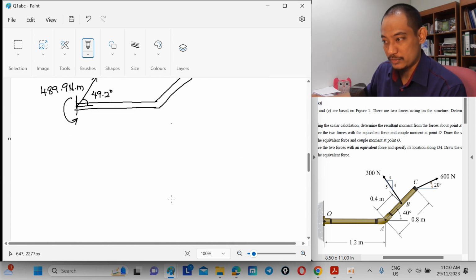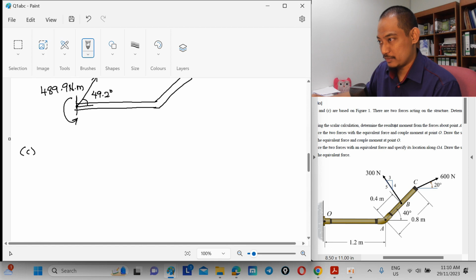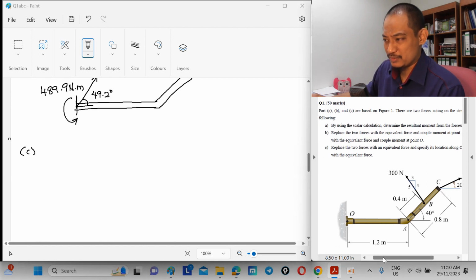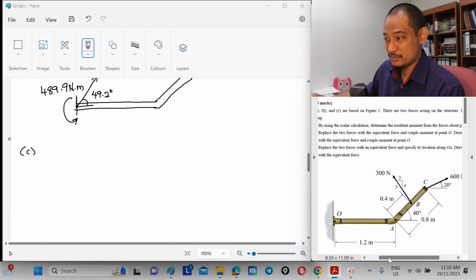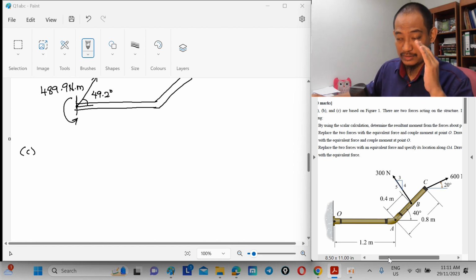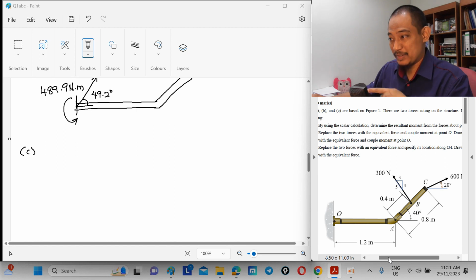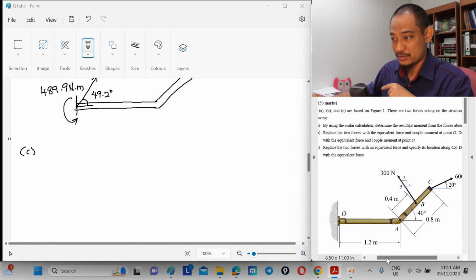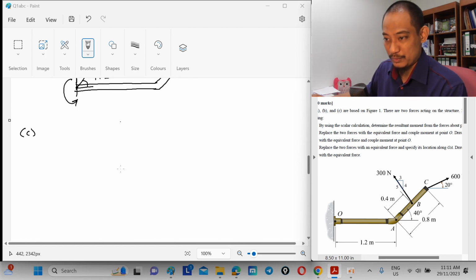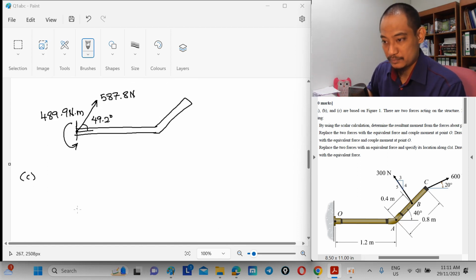Alright, so moving on to part C. C is, as we have read before, further simplification, right? Replace the two forces with an equivalent force. The question doesn't actually say further simplify, but it just says equivalent force, meaning there's only one force remaining, hence it's further simplification. And specify its location and draw the structure as well.